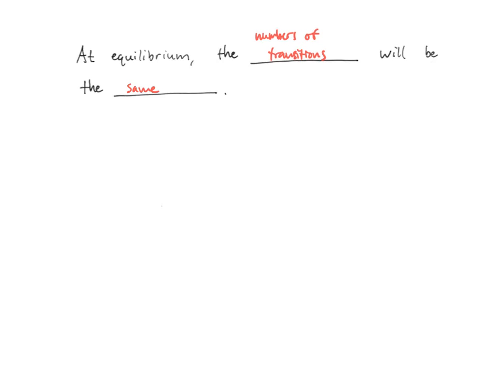And so what that implies is that N2 times A21, which remember is the number of particles that are transitioning from the higher level to the lower level due to spontaneous emission, plus the number of particles at the higher energy level times B21 rho nu.